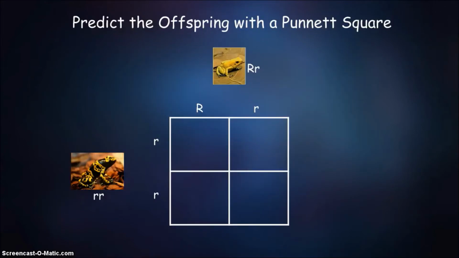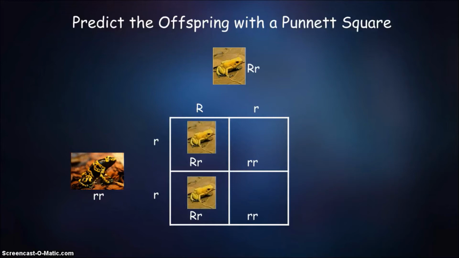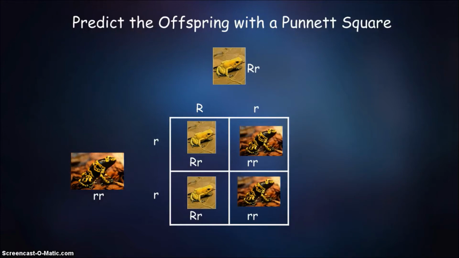So you can see we put the code letters on the square already. If you cross-reference them, there are your combinations, there are your genotypes, and of course the big R, little r frogs would be plain yellow colored, and the genetic makeup that codes for the spotty frog would be the lowercase r, lowercase r. So in this instance, a yellow frog mating with a spotty frog would give a 50-50 chance of the offspring being plain yellow or spotty yellow.